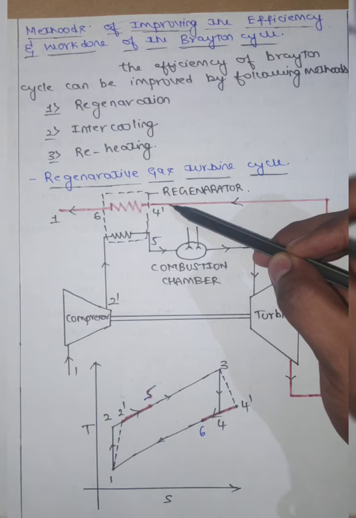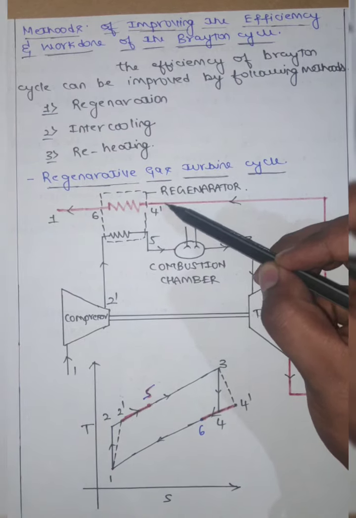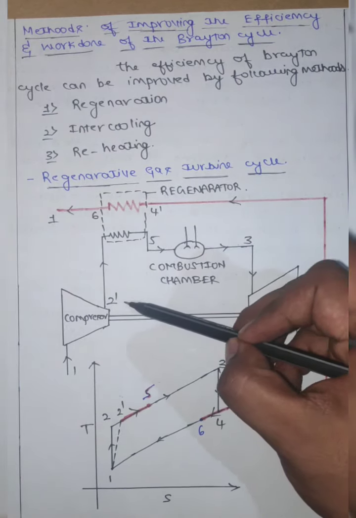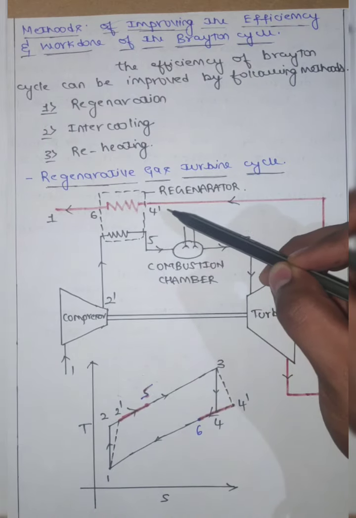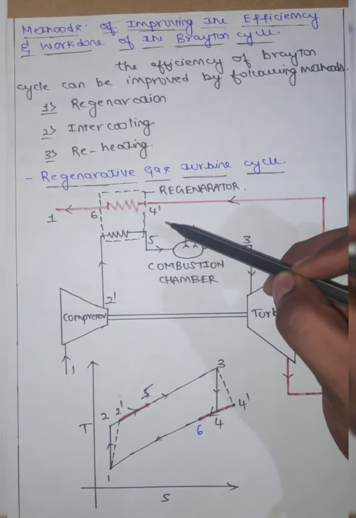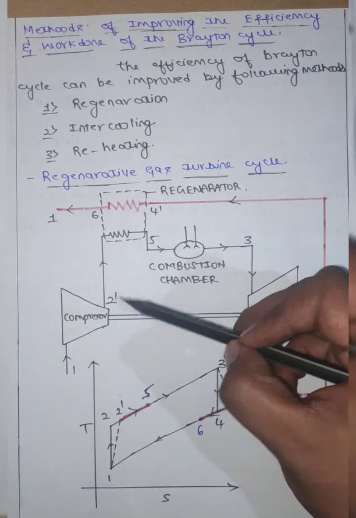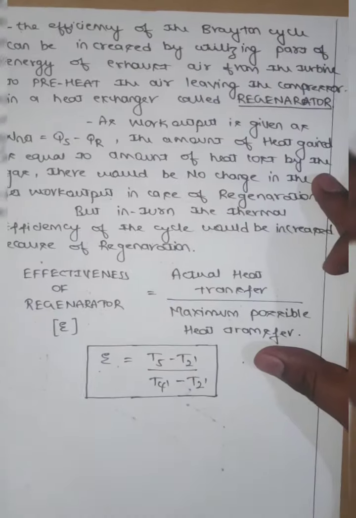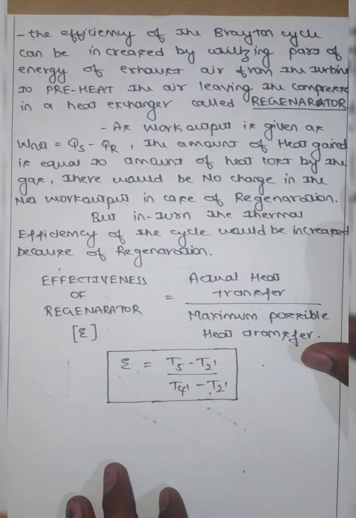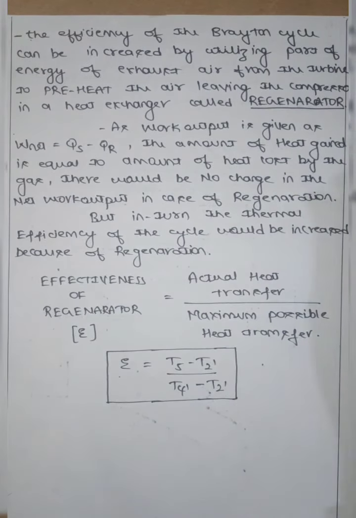Assume this is only 90 degrees Celsius and the other is 20 degrees Celsius; it cannot gain heat beyond 90 degrees Celsius. So the maximum possible heat transfer is T4 dash minus T2 dash, but actually it is T5 minus T2 dash. Don't worry about this; you'll get to know while solving the problems. So once again, I will focus on this particular thing. Complete the notes and finish this.